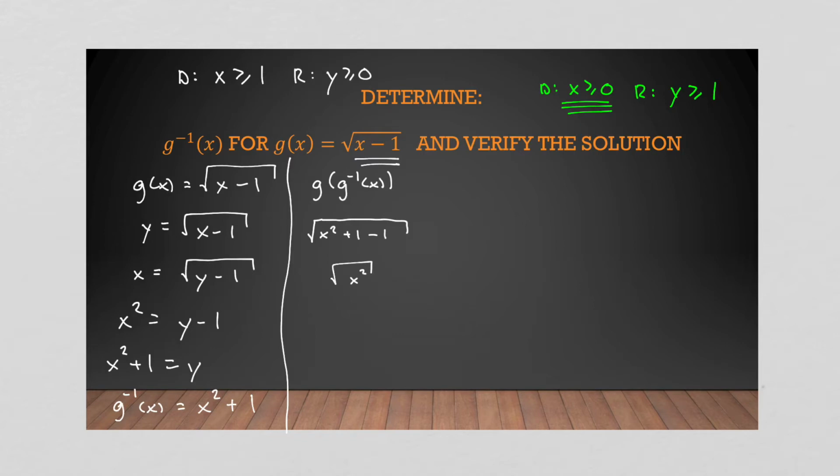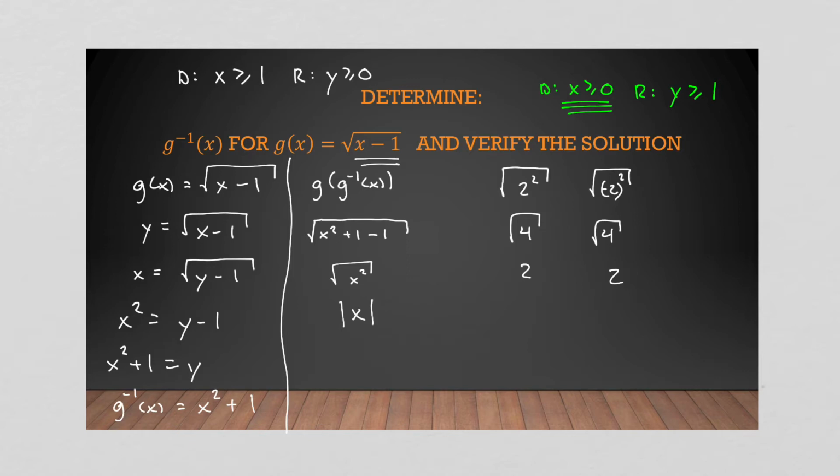Now, since you are taking the square root of x squared, I want you to consider the square root of 2 squared and the square root of negative 2 squared. Both of those will give you the square root of positive 4. Both of those will give you the answer 2. So that is why we say we have the absolute value of x, because the positive and negative values of x will produce the same result.